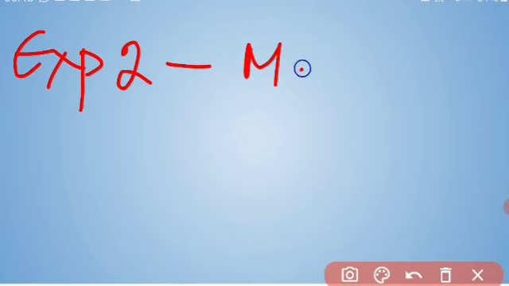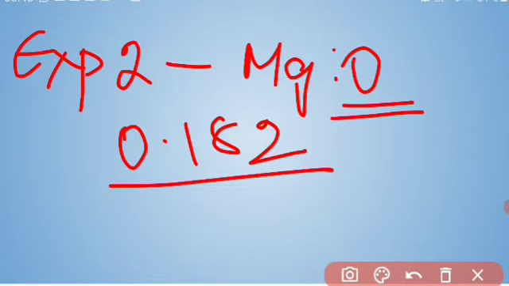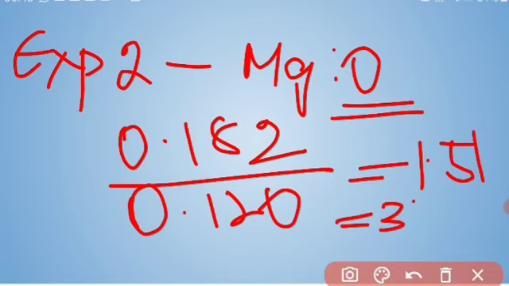In the next case, in experiment 2, the magnesium to oxygen ratio was 0.182 grams, and oxygen, after subtracting, you got 0.120. If you solve this, you will get the answer as 1.51, which is again 3:2.